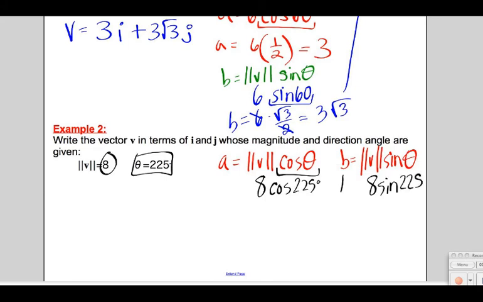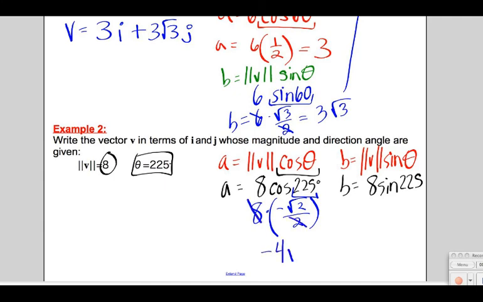So now I look to my unit circle, the cosine of 225, and I find what the cosine of 225 is, and I do 8 times, and the cosine of 225 is negative square root of 2 over 2. Multiplying these two, the 8 and the 2 cancel, I get negative 4 square root of 2.